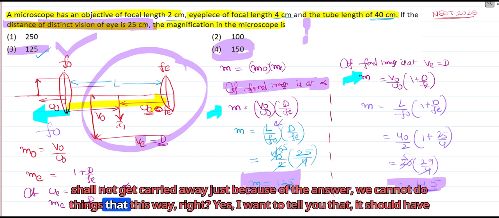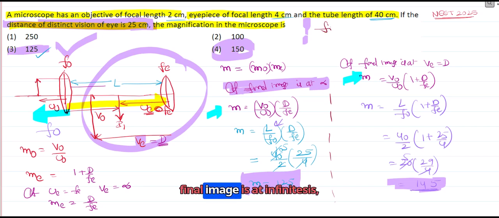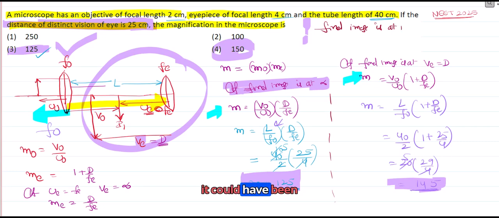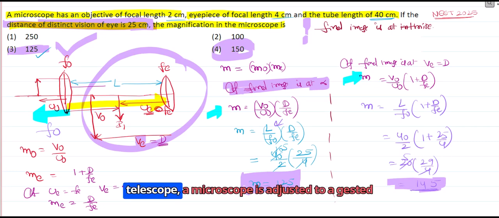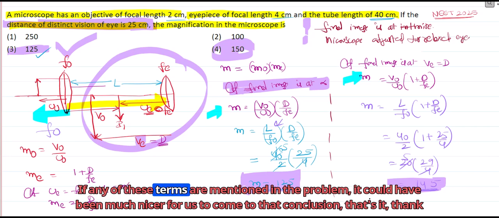It should have been mentioned in the question that the final image is at infinity, or that the microscope is adjusted for relaxed eye, relaxed view. If any of these terms were mentioned in the problem, it would have been much nicer for us to come to that conclusion.